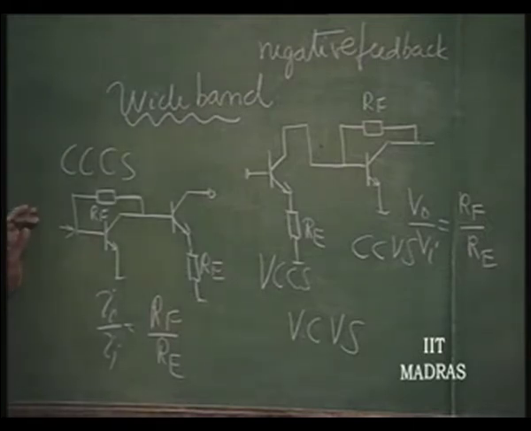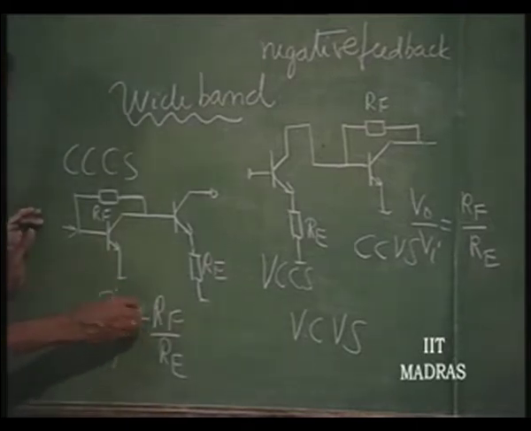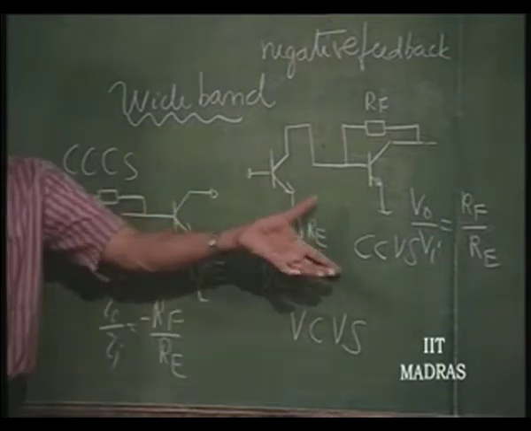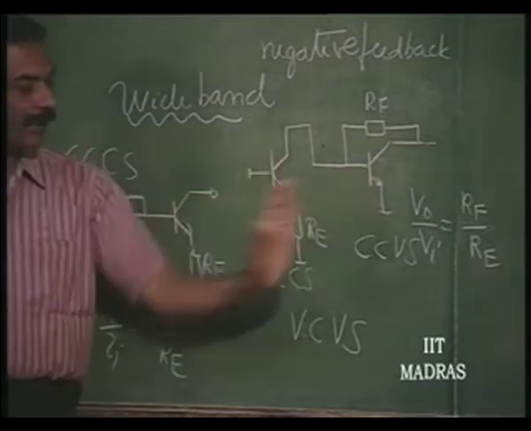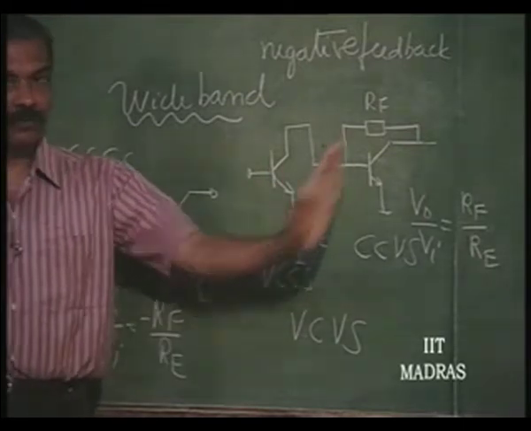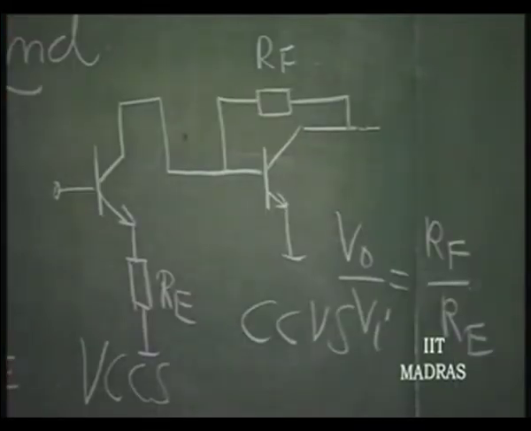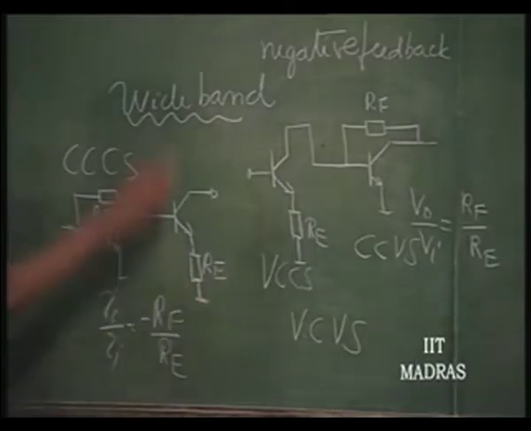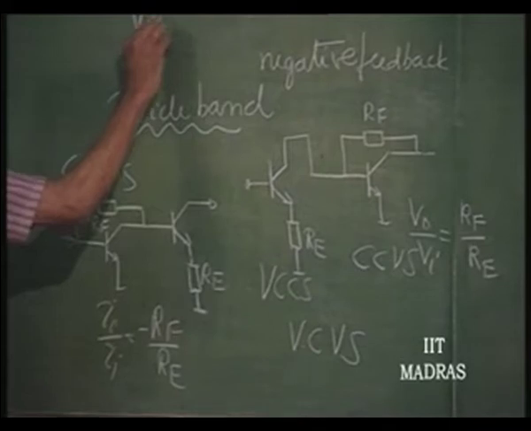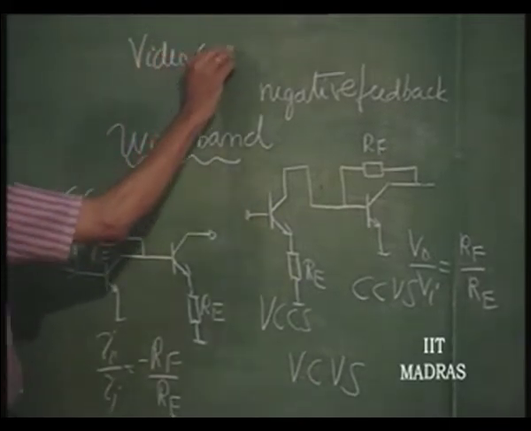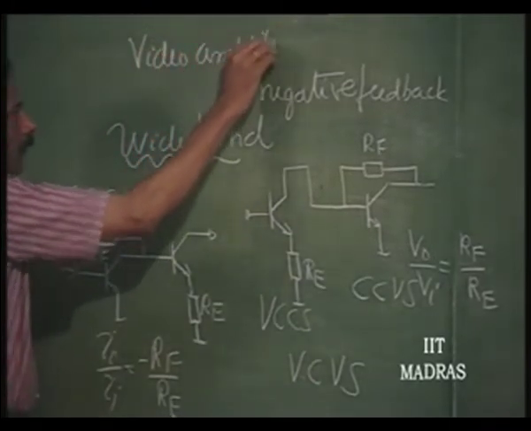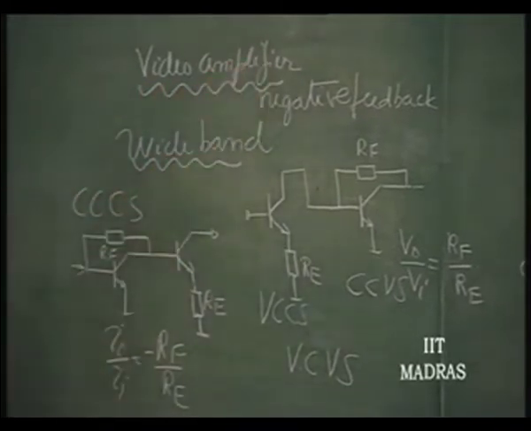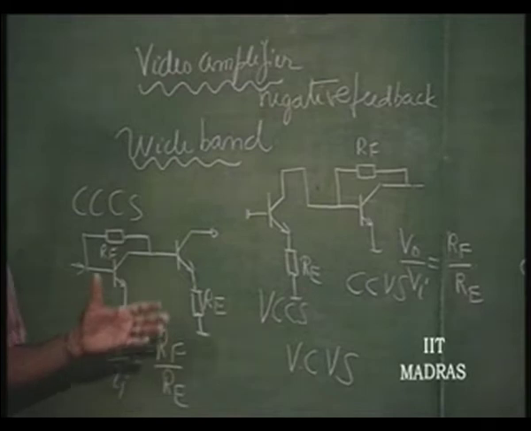So, this is going to be a current controlled current source, that is, voltage controlled voltage source, and the individual things are the voltage controlled current source and the current controlled voltage source, which are wideband structures used all over for video amplifier applications, and these ICs are available as video amplifier ICs.